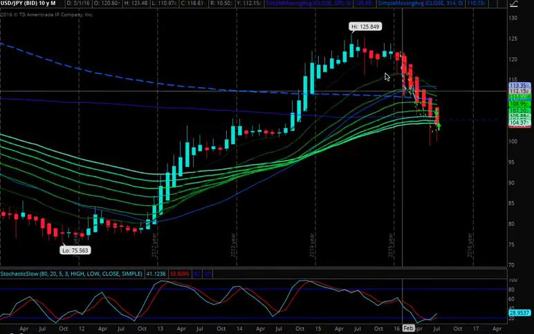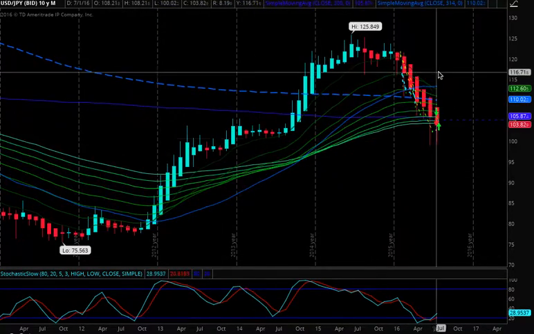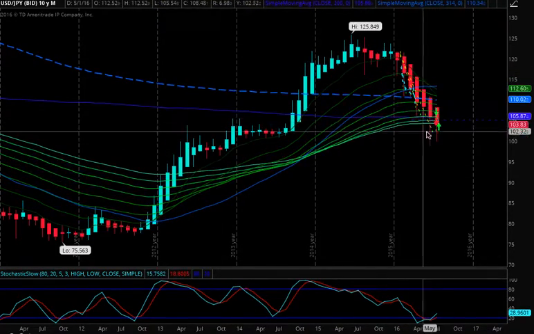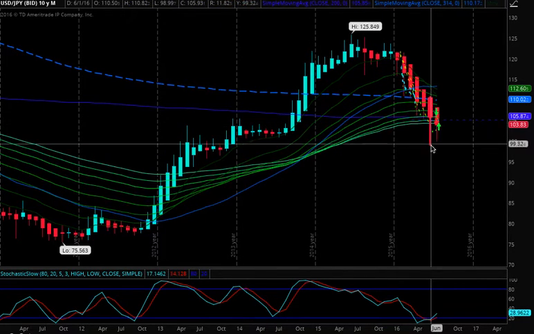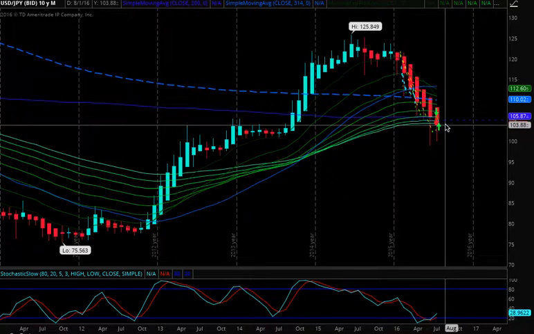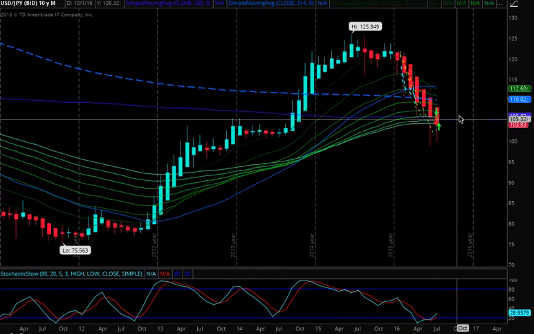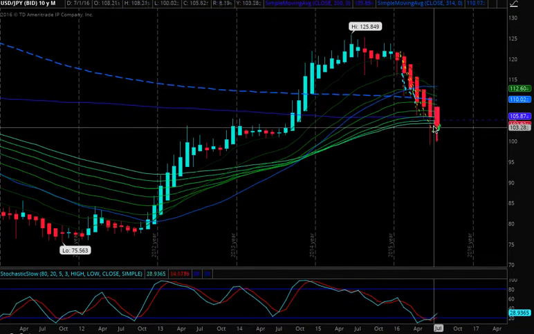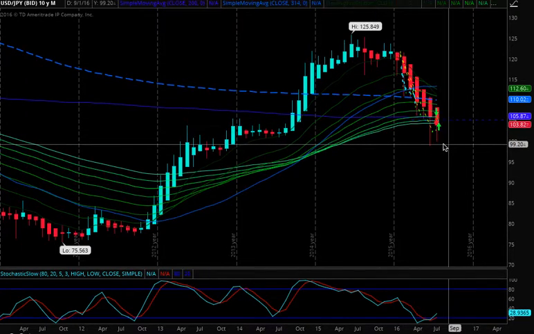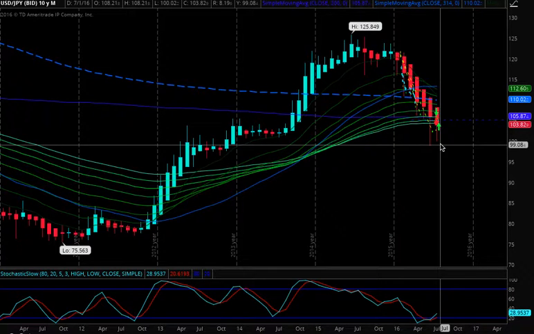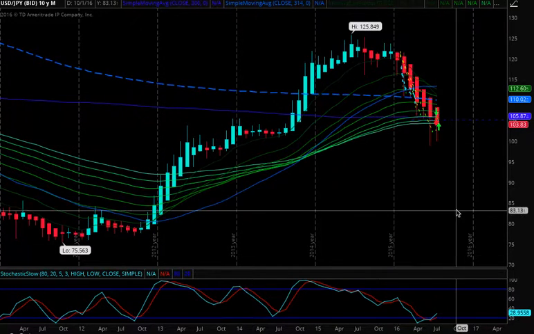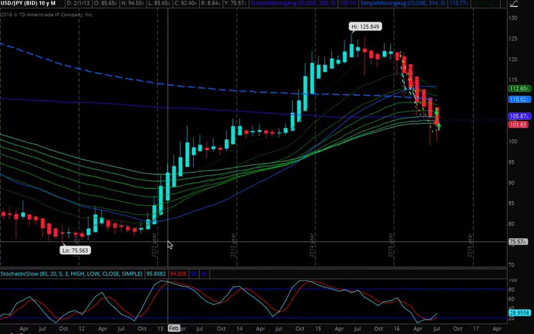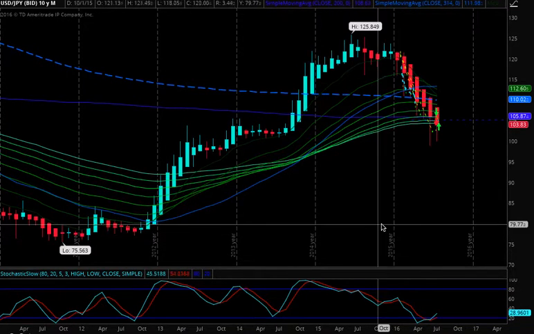This 100 area. When you make a move up like this in an uptrend, and then you come back down and test the lower bands, and you put in a couple of tails, that's it. This is the chance for the bulls or this uptrend to continue. If it can't hold this 100 level, then you've got to think we're going to get a move back to the lows from 2012, 2011.